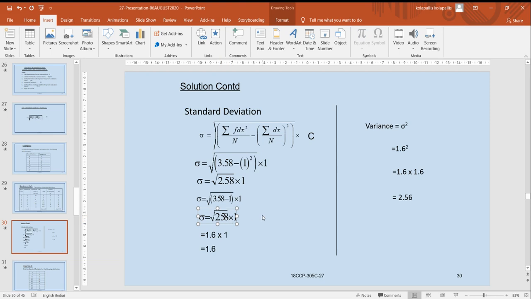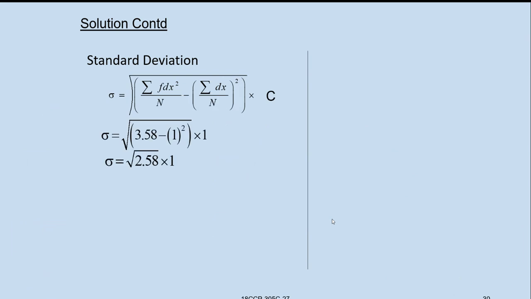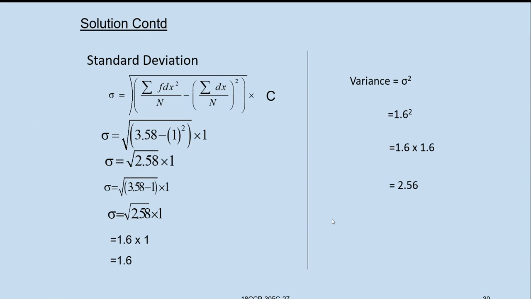This is 2.58, and the variance is 2.56. Right? We will see another example.